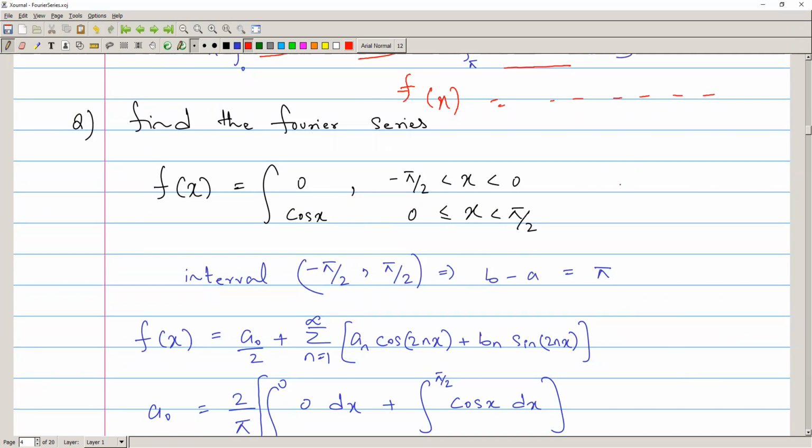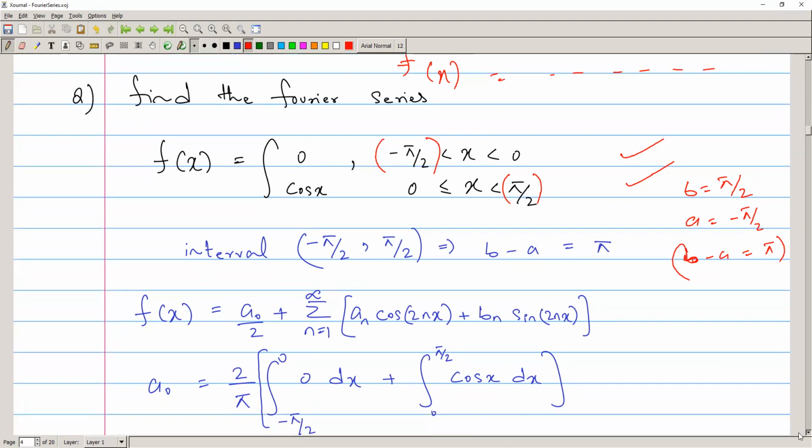a piecewise function. So now, what's the least? What's the greatest? So b is equal to pi over 2, a is equal to negative pi over 2. So b minus a is equal to pi.